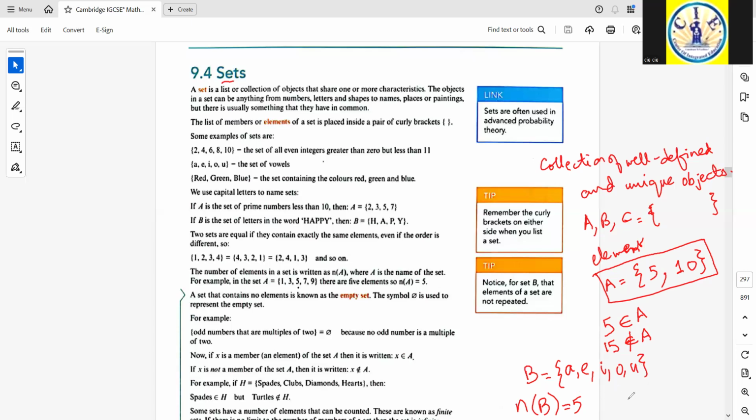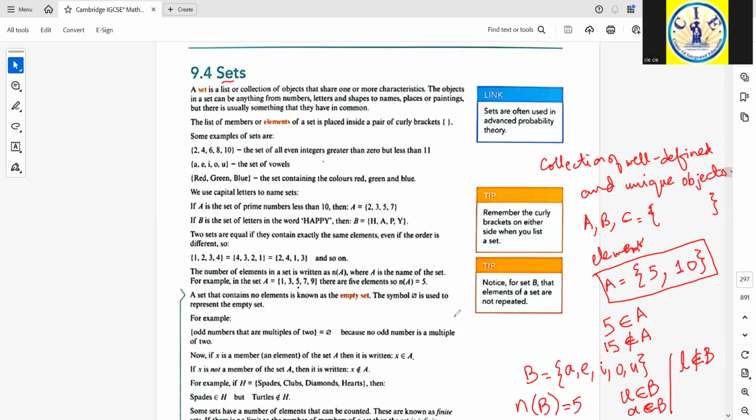So we can say that U belongs to set B. Similarly, A belongs to set B, but L from the English alphabet does not belong to set B. So these were some of the examples.